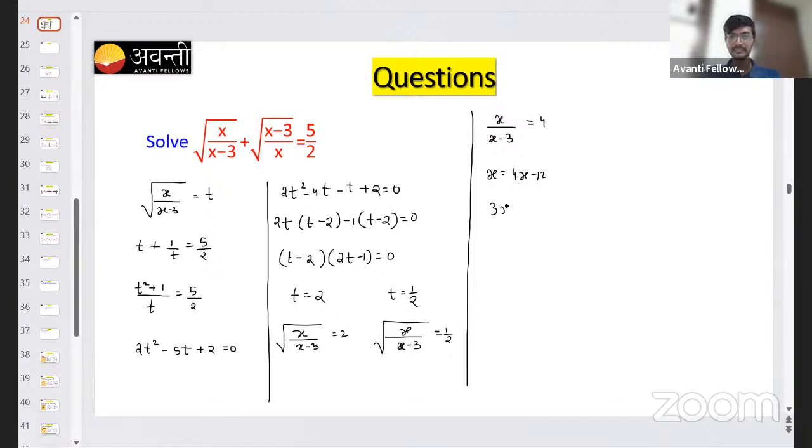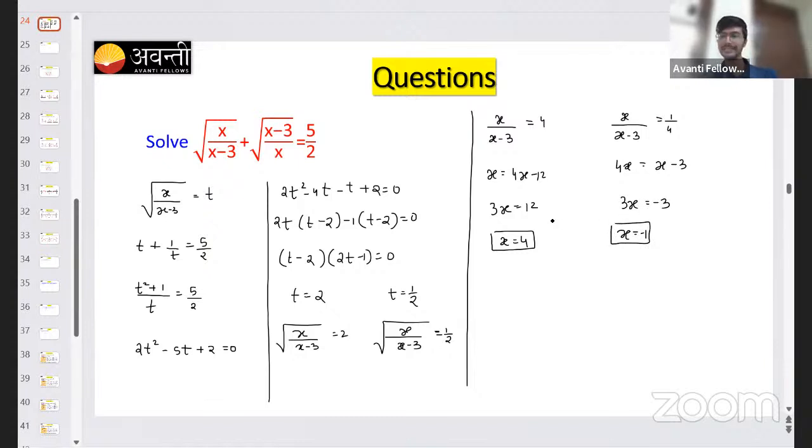That means 3x equals 12 and one of the values is x equals 4. If I square here, I'll get x upon x minus 3 equals 1 upon 4. Let us cross multiply. So 4x equals x minus 3. So 3x equals minus 3 and x equals minus 1. These are the two values of x.